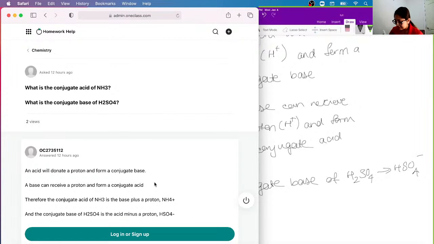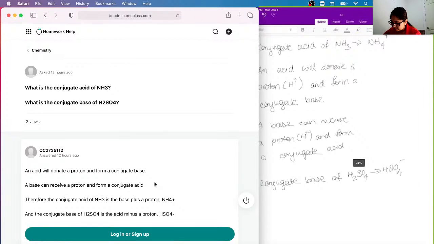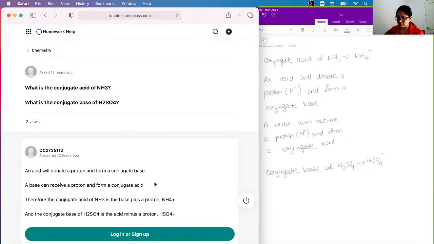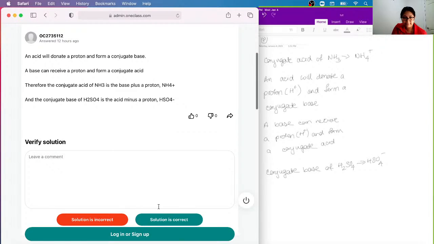Since this is an acid and it would give off its hydrogen, a proton, to form another acid, basically. And so this is the answer, and this is the solution.